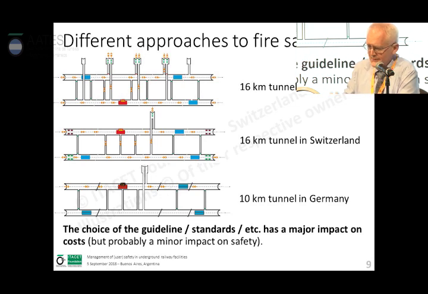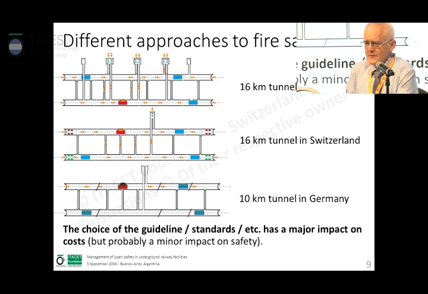So the Germans, to put it in simple words, don't do anything apart from putting passive shafts in the middle. And of course there are cross passages and so on. There are a couple of other measures as well which are not indicated here. Whereas in Great Britain, there is a huge amount of ventilation equipment inside.